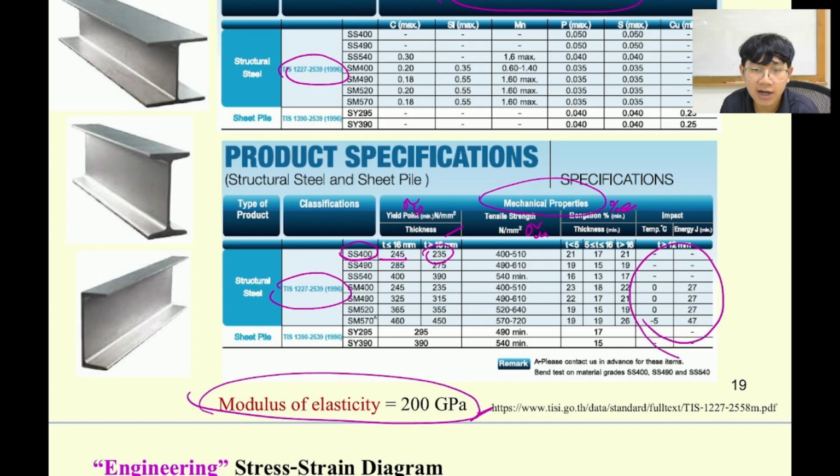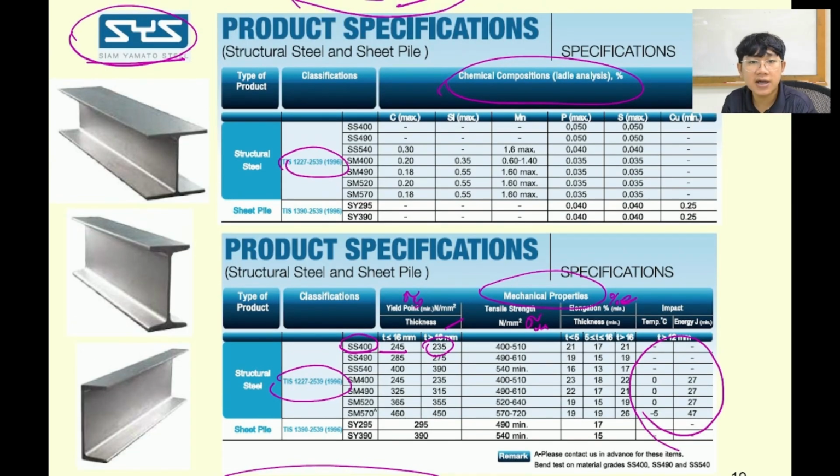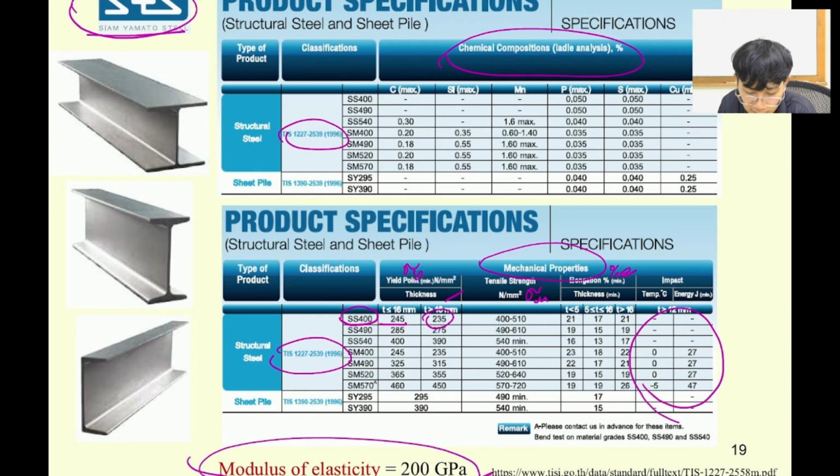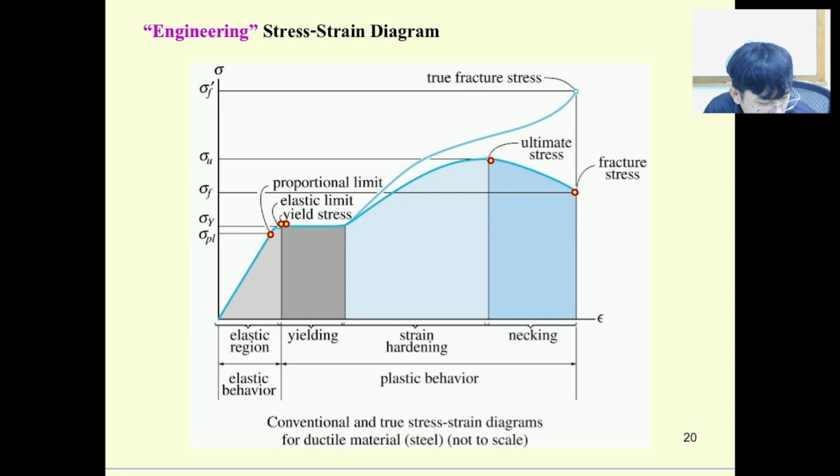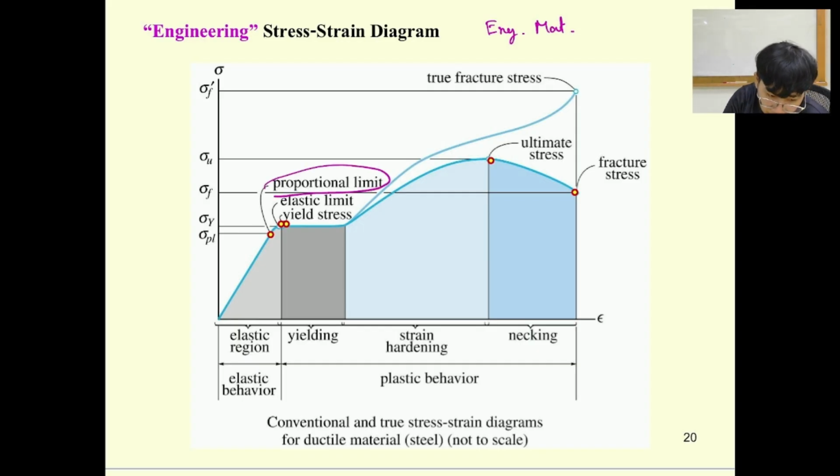So if you go to the catalog of this company, there is the stress strain diagram. I think you learned this in engineering materials. Okay, so it's going to be a similar thing. For the steel over here, when you pull it in this zone, we call it the proportional limit.